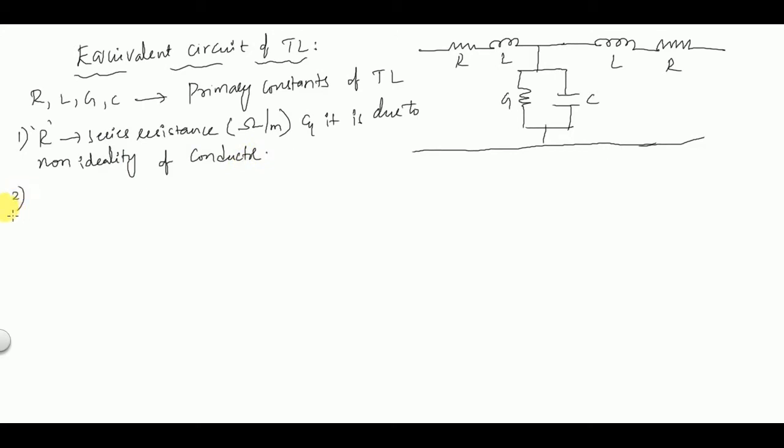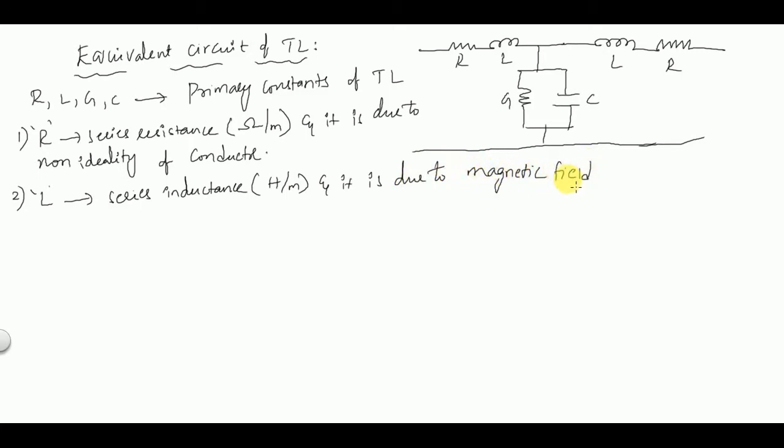Second, L is called the series inductance, measured in Henry per meter, and it is due to the magnetic field when current is flowing through the transmission line.